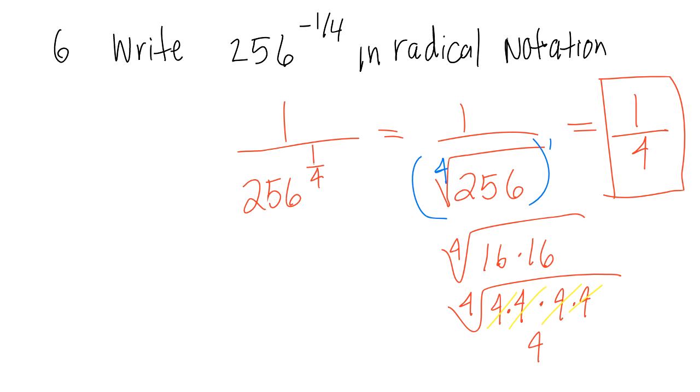So just let that marinate for a second. With a negative exponent, we have to change it to positive by dropping it down into the denominator. And then we want to change it into a radical because they want radical notation.